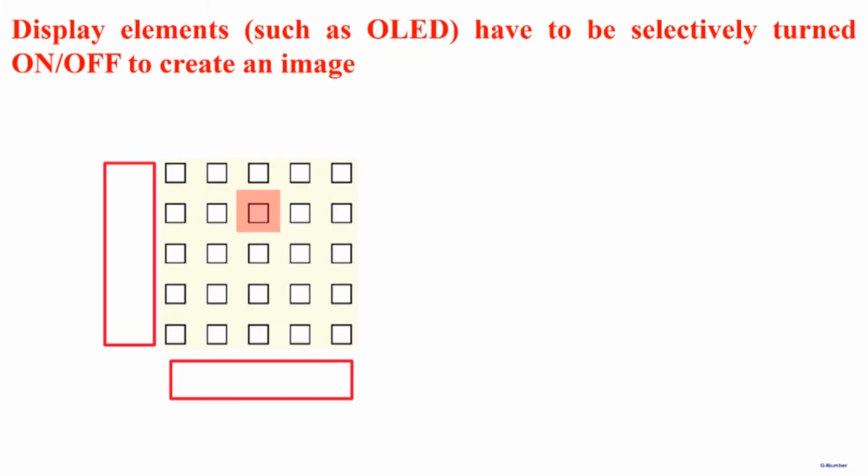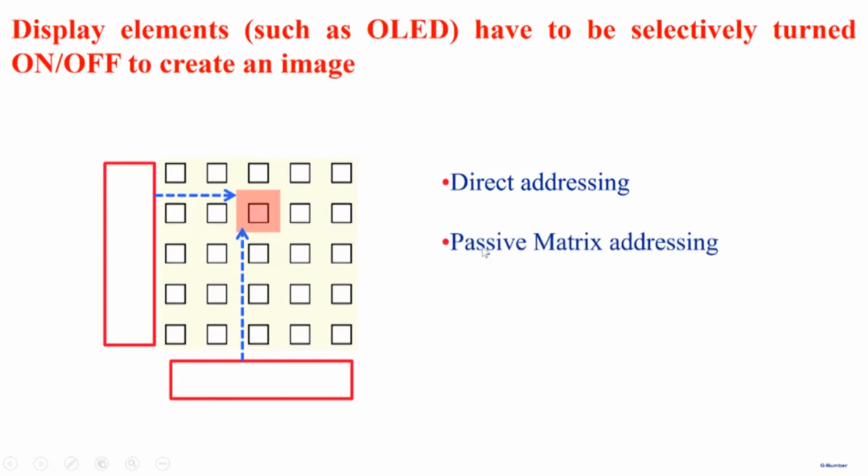So there are various ways of addressing. We have to send it to a particular address here, and once you know it, then that particular LED will turn on. So there are various ways of organizing LEDs and various ways of addressing them, lighting them up selectively. One of them is called direct addressing. Another one is called passive matrix addressing, and the third one is called active matrix addressing.